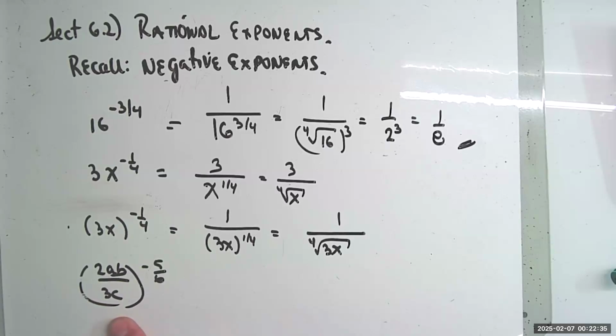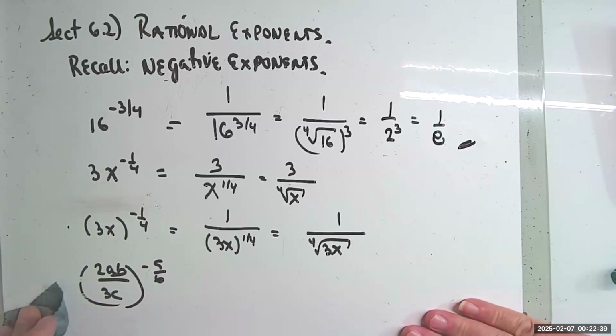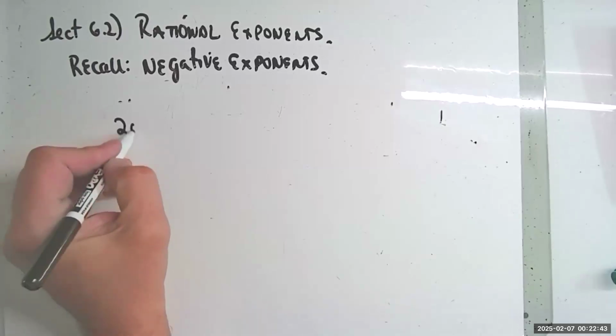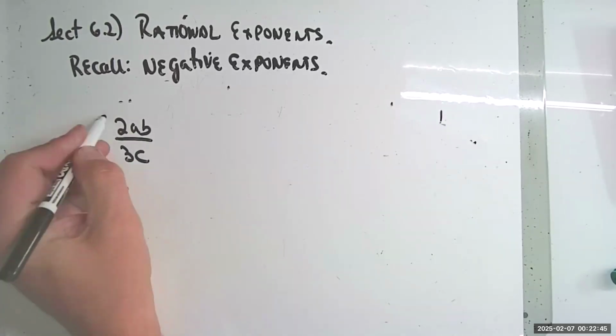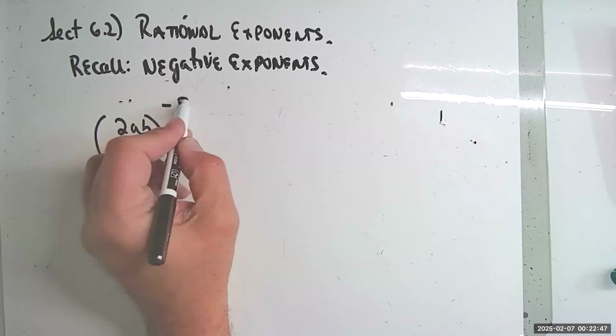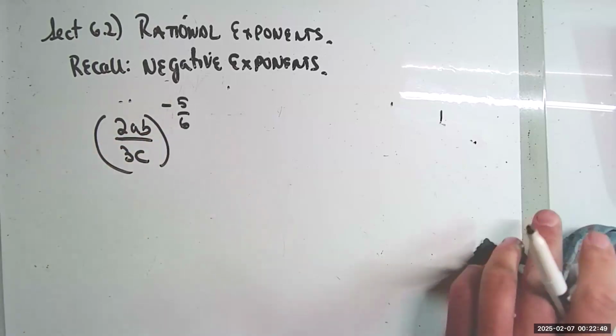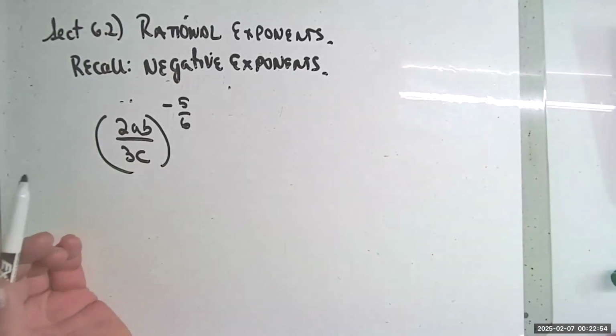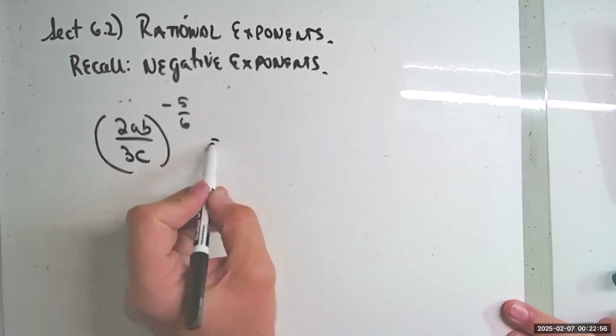Okay, and let's do this guy. 2ab over 3c to the negative 5 over 6. So what do I have here, folks?